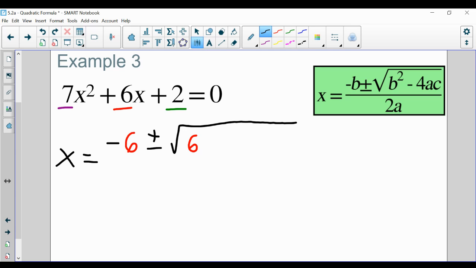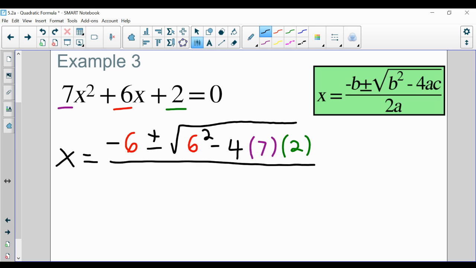B is 6, and we're squaring it, minus 4 times a is 7, times c, and c is 2. All of this is being divided by 2 times a, which was 7.